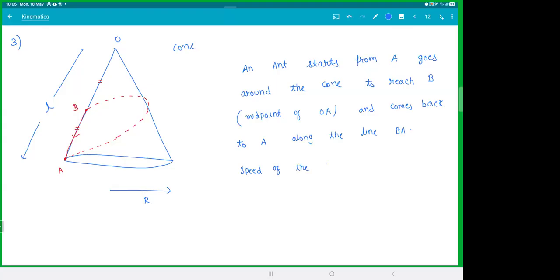The speed of the ant is, let's say, 1 meter per second. Find a path which takes a minimum time.